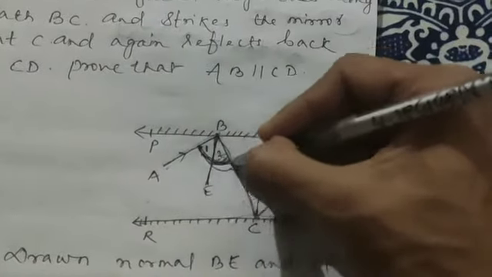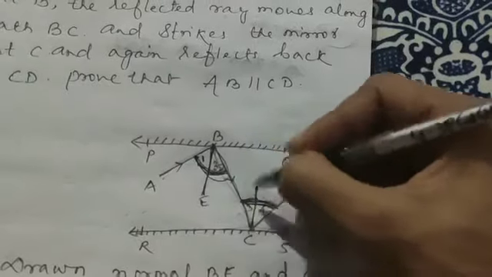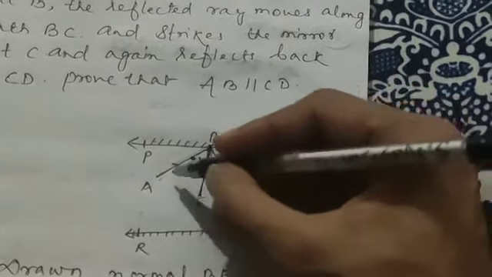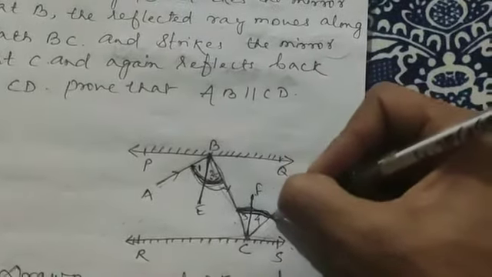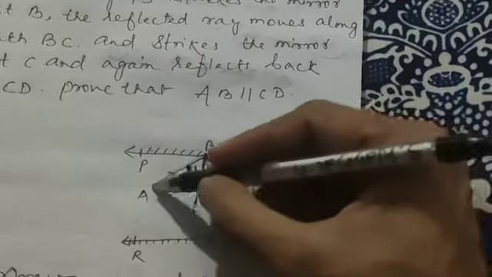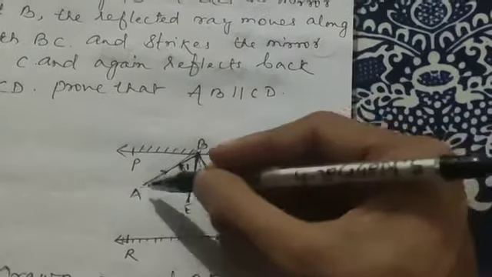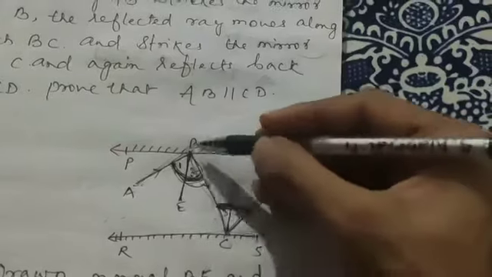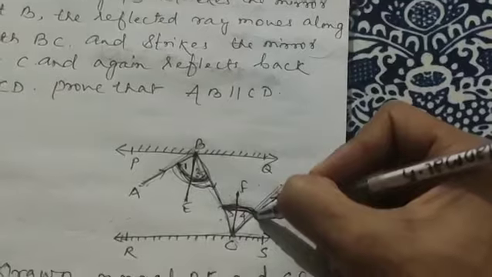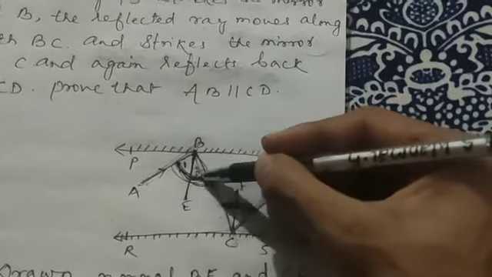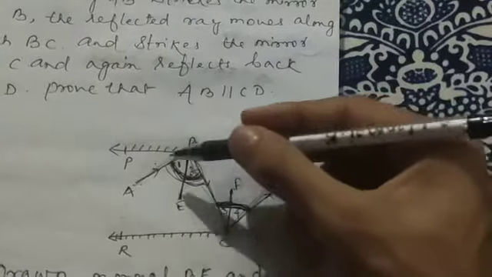These two angles, 1 plus 2 and 3 plus 4, will be alternate angles if AB is parallel to CD and BC is the transversal. We are already getting these angles equal. That means we can say that these two lines are parallel.